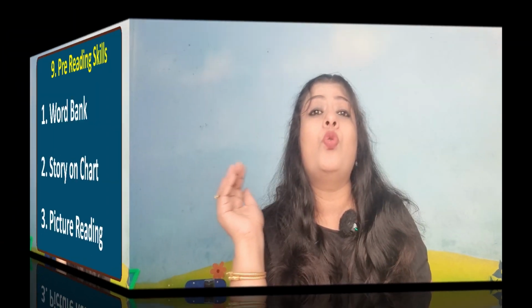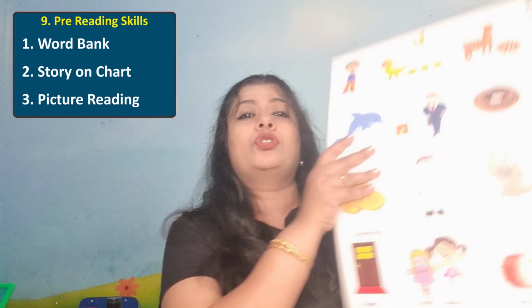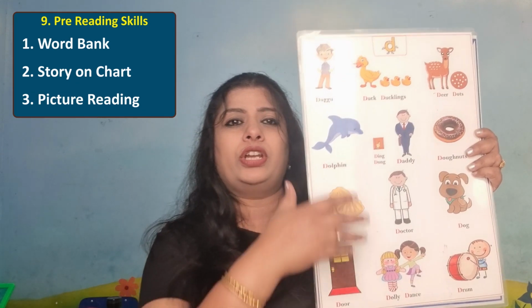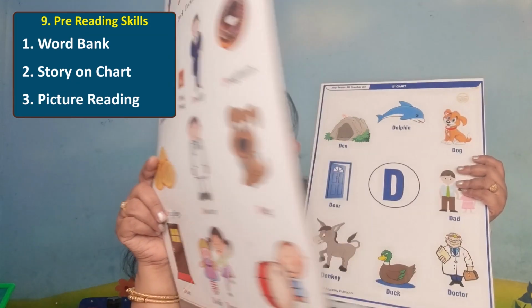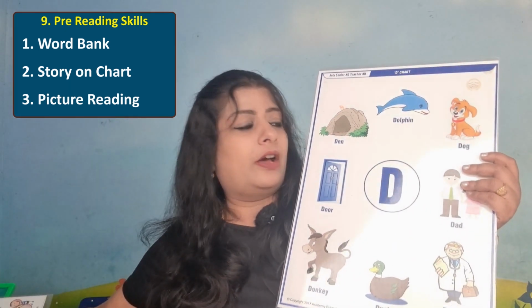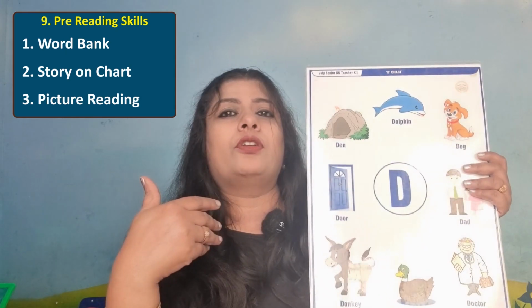And now let's move on to the reading activities. What are all the reading activities that we can do? One is story reading. So this is a big story chart. When you hang it in the class, children will very creatively come and make stories. And we have one more chart wherein you have many words beginning with the sound.